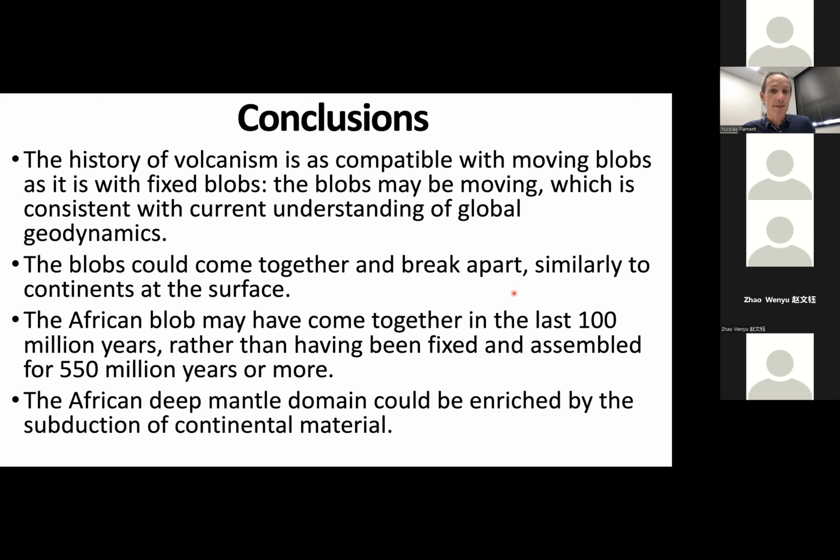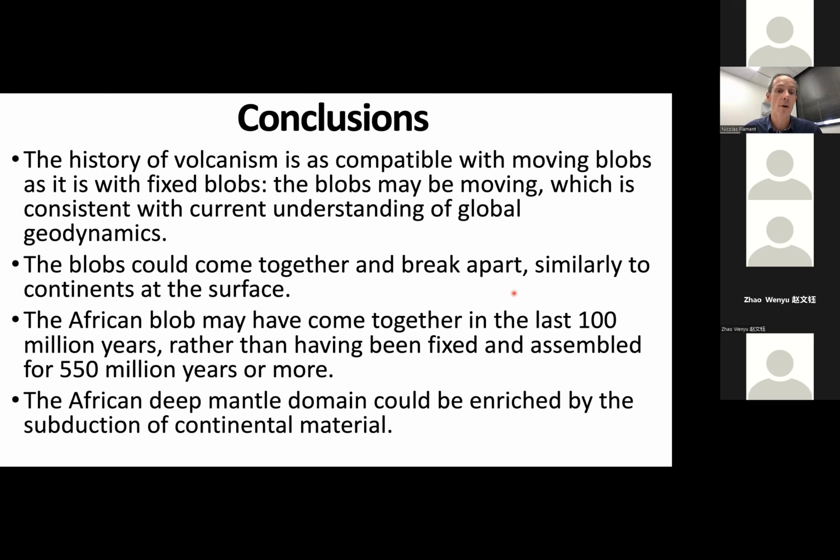I must stress that the models I presented are driven from the top. It might be possible to devise models that are fully consistent dynamically and that drive tectonics from the bottom. This is a challenge for geodynamics. The blobs could come together and break apart similarly to continents at the surface.